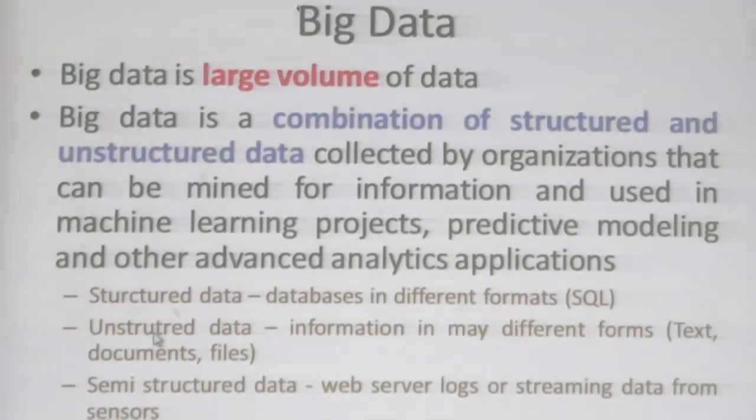It means social media information and chat information, and all the information here and there on the internet. So the large volume of data available on the internet as unstructured is 80% or more, and 20% is structured data.